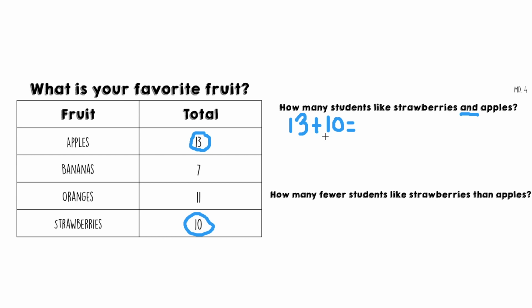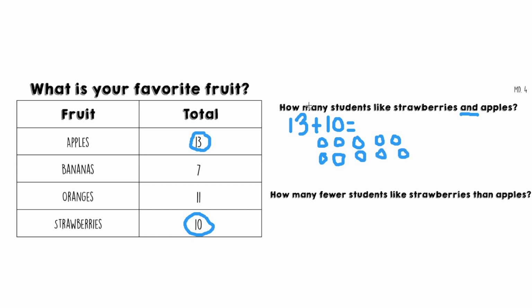So if I want to count on, I can start at 13 and I can count on 10 more. So let's draw our 10 circles. 1, 2, 3, 4, 5, 6, 7, 8, 9, and 10.